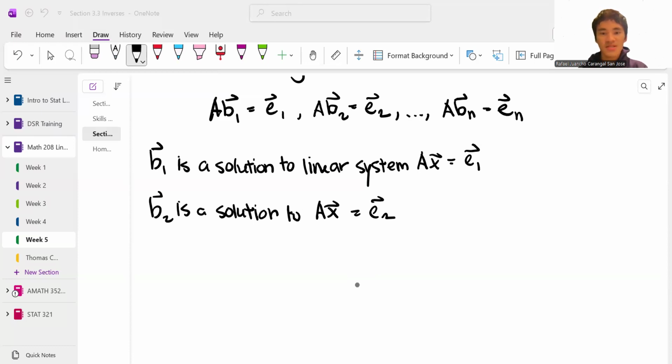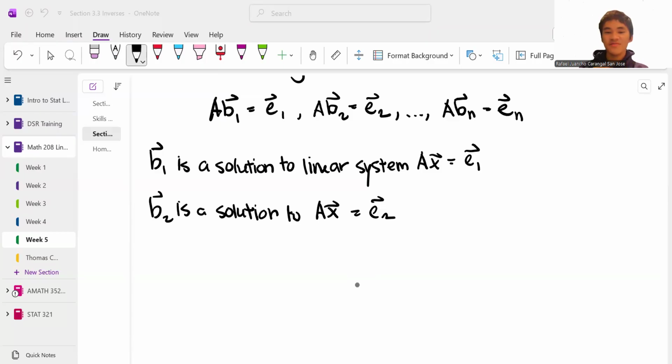Now we could solve these systems one at a time by transforming to reduced echelon form from each of the augmented matrices. However, since we do the same row operations for each matrix, we can save ourselves some work by setting up one large augmented matrix. So that's what we're going to do.